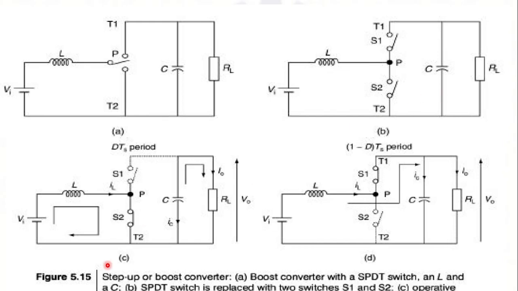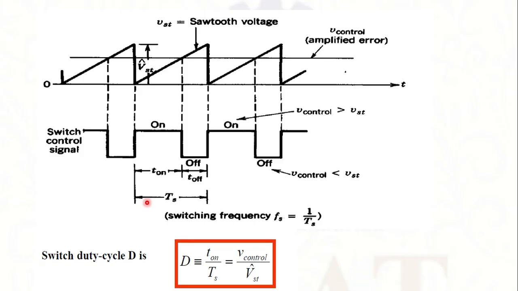Figure C represents the operative circuit during the period D into Ts. D into Ts means one switch is on, another switch is off. Here S2 is on, meaning S2 is closed, and S1 is off. The last figure, figure D, represents the operative circuit during the period 1 minus D into Ts.